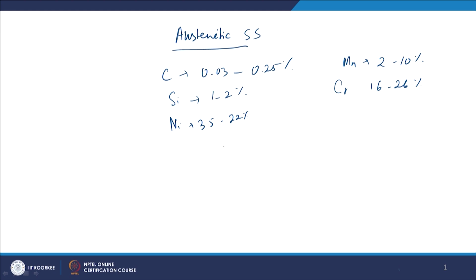Similarly, if you go to the ferritic stainless steel, as the name indicates, their microstructure is primarily ferritic. That is why they are known as ferritic stainless steel, and they normally have a low carbon to chromium ratio.